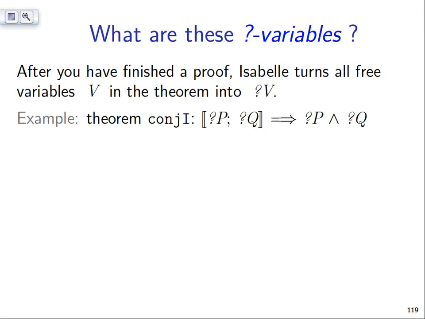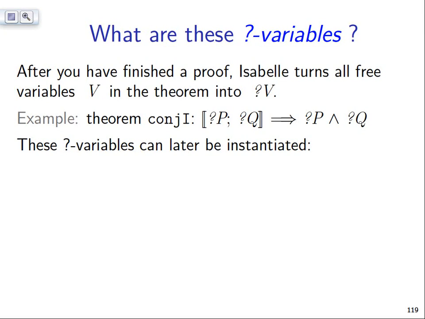So what are these things? Well, here's just an example of a theorem of this form. If you ask what is conjI, which stands for conjunction introduction, we'll get to it in a moment, then it'll say it's this theorem here that says that under the assumption of P and Q, you can prove P and Q. So here you have P and Q with these question marks in front of them, and logically they are just free variables, but operationally the system knows it's okay to instantiate these free variables by arbitrary values.